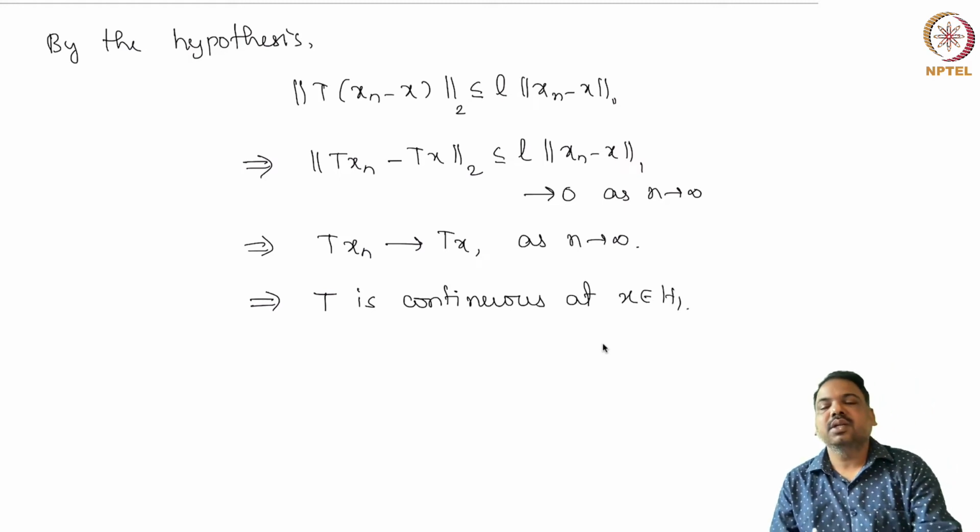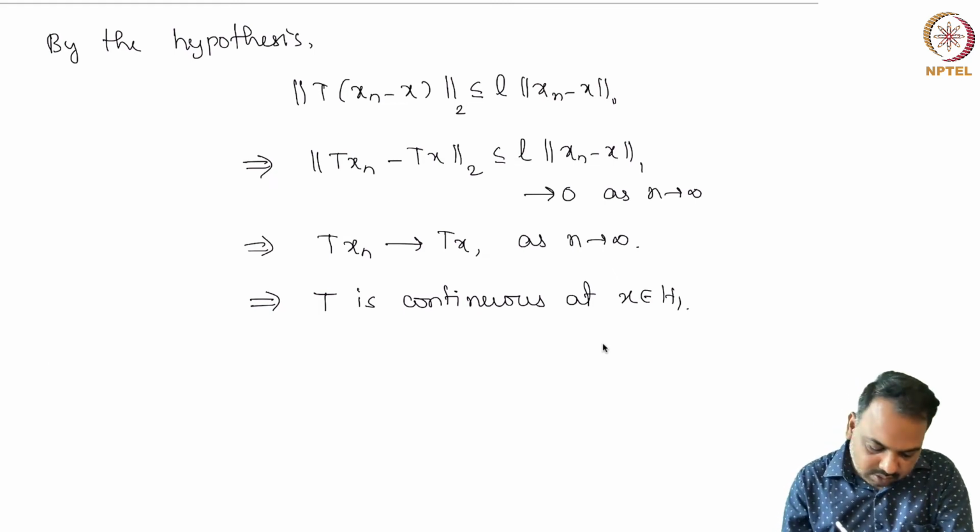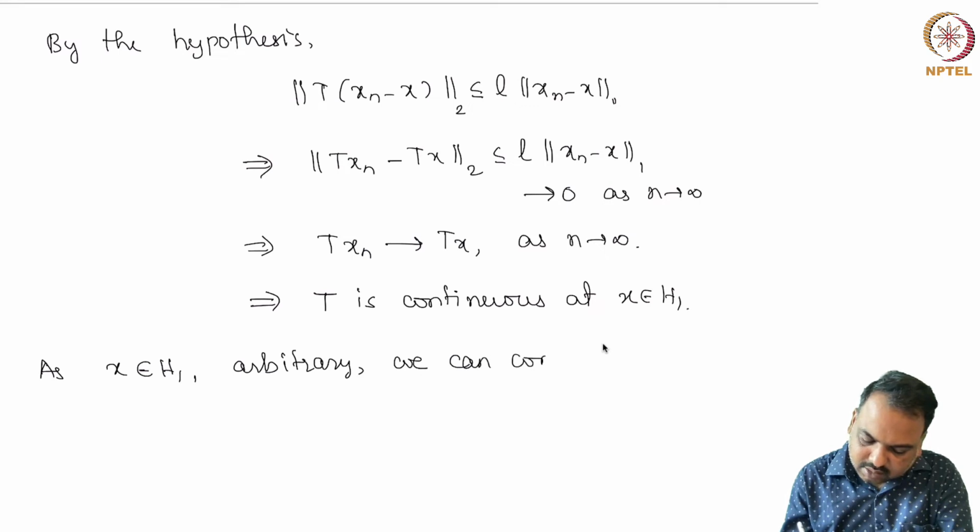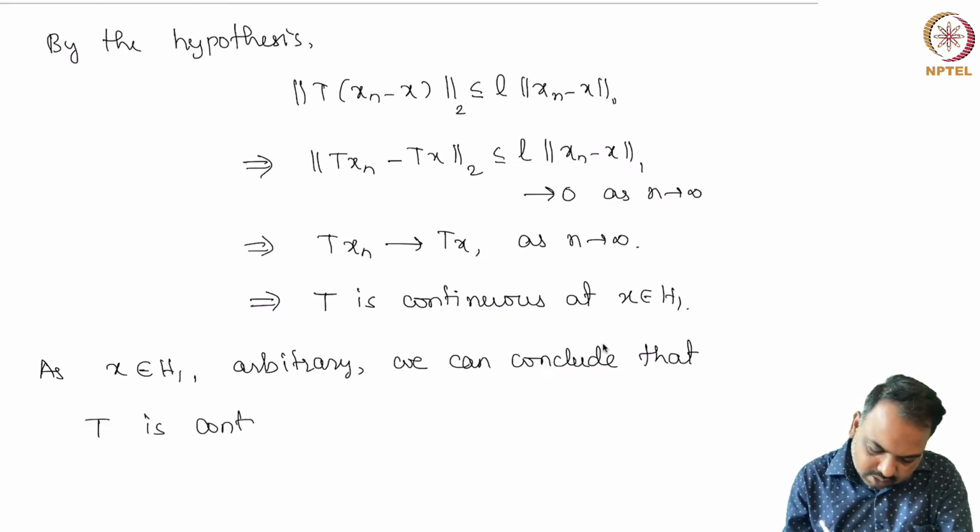Now X is an arbitrary element of H1. So as X is arbitrary, we can conclude that T is continuous on all of H1.